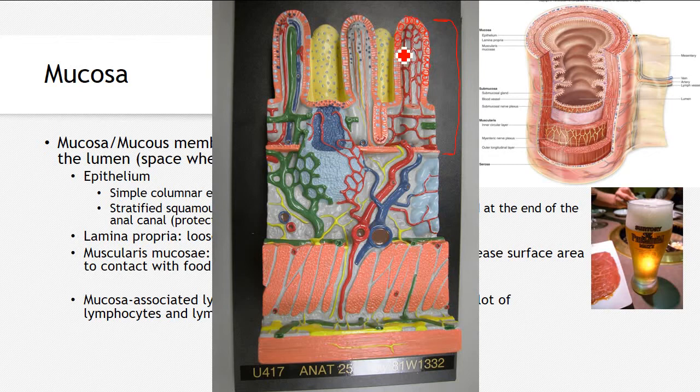What is most of this here? Lamina propria, okay. And then just this smooth muscle layer here, muscularis mucosae. Good. What's underneath the mucosa? The submucosa. So that's what we're going to go into next.